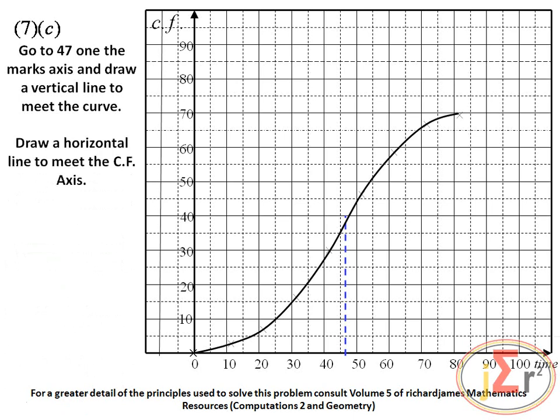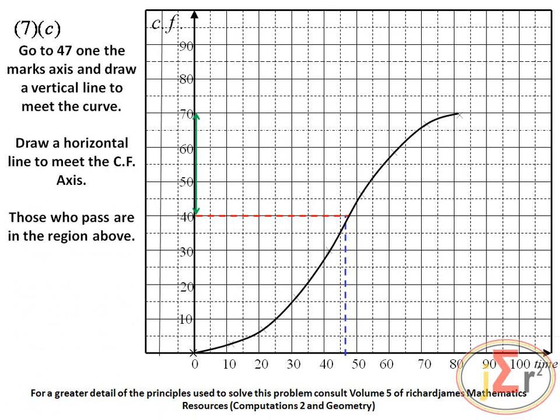We will then draw a horizontal line to meet the cumulative frequency axis. And of course, you need to determine the number of students who passed. So those who pass are in the region above, which is there. We have two reasons why students generally might not get the correct answer.